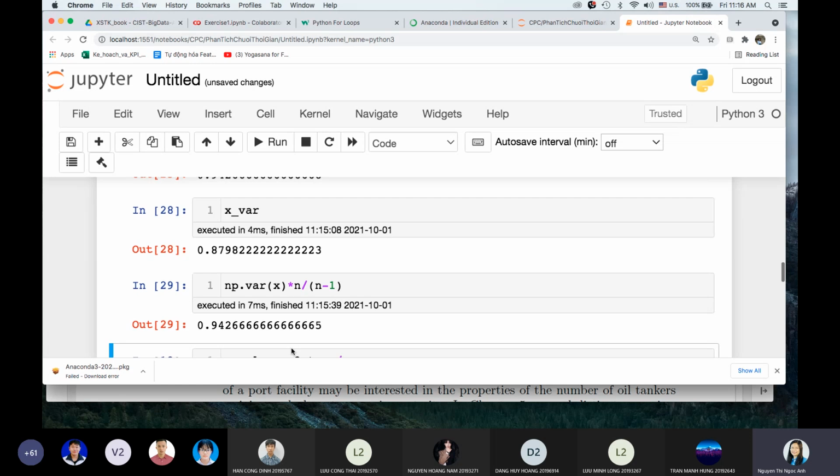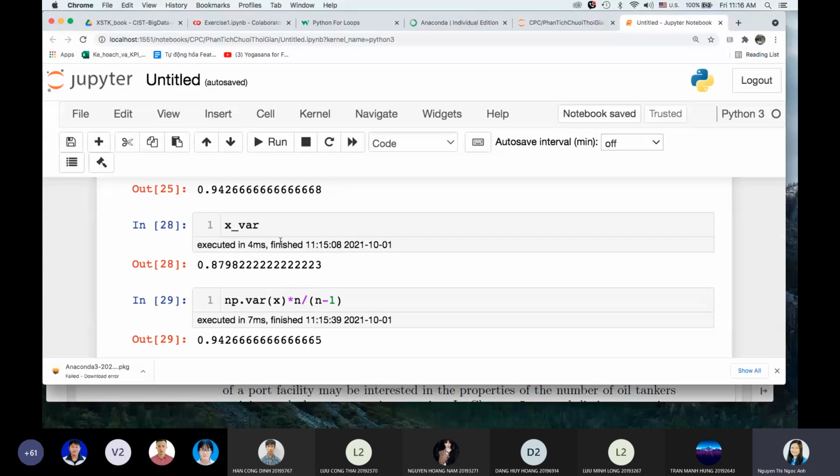So what is true? We follow the theory, this value, not the numpy variance only. Why? In the theory of the previous lesson, I will show you why people use the sample variance over n minus 1, not over n.